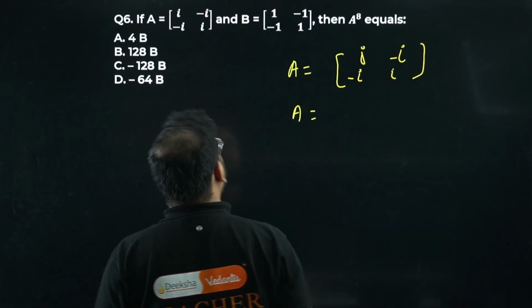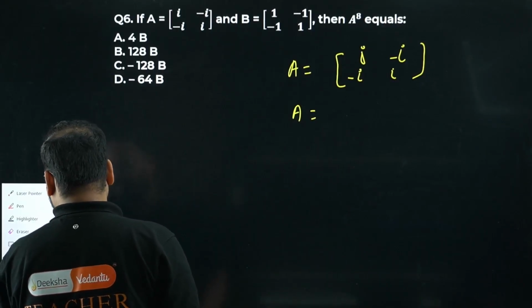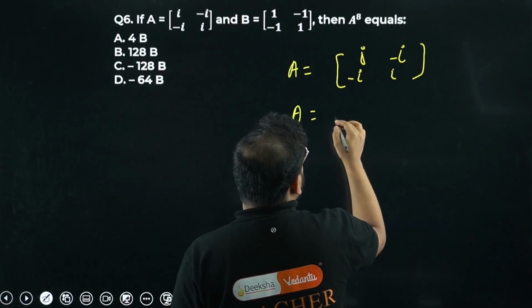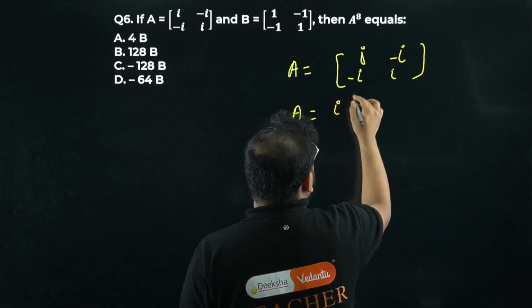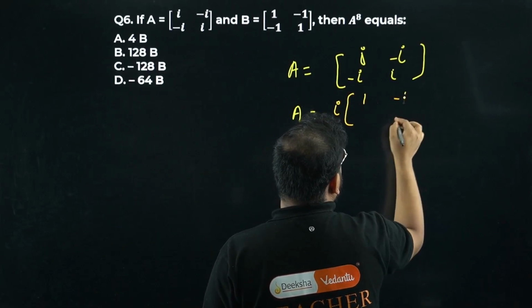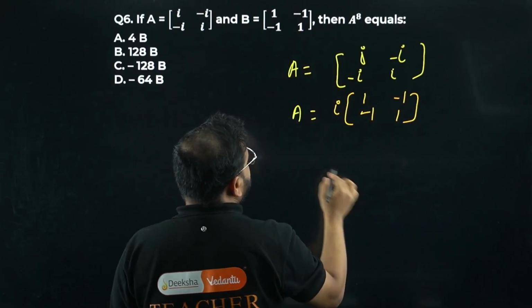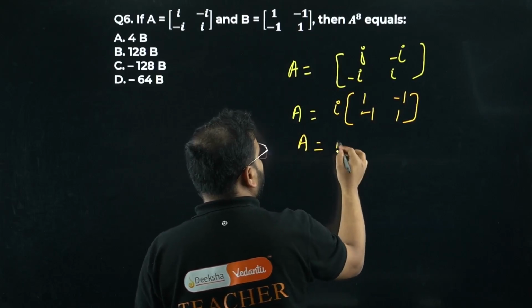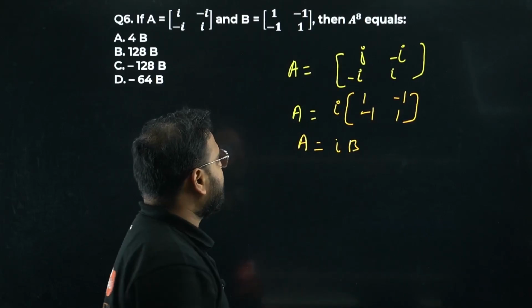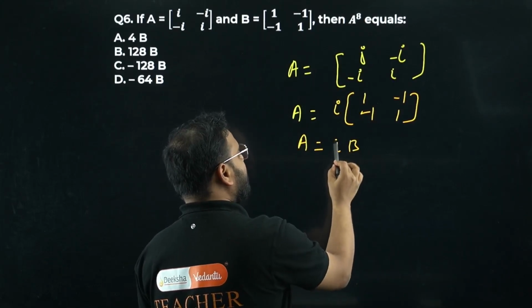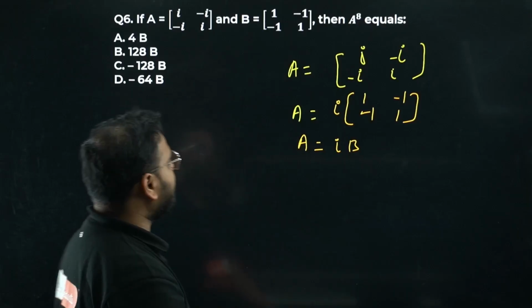I'll have 1, minus 1, minus 1, 1, same as B. It means I'm getting A equals iB, where i is iota, the complex number. A equals iB is what I'm getting over here.